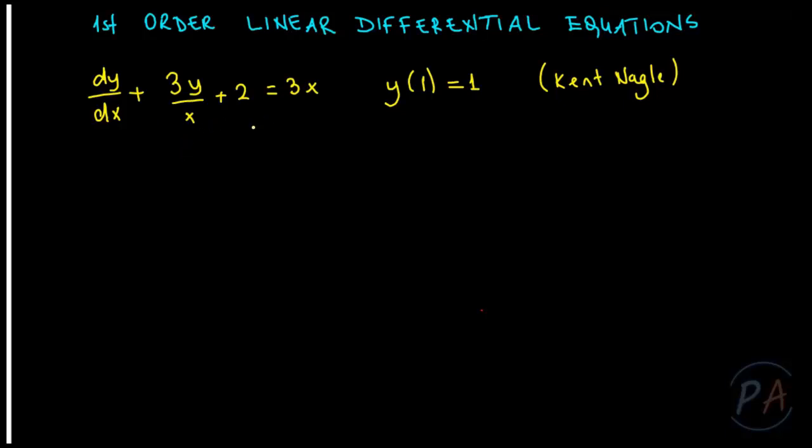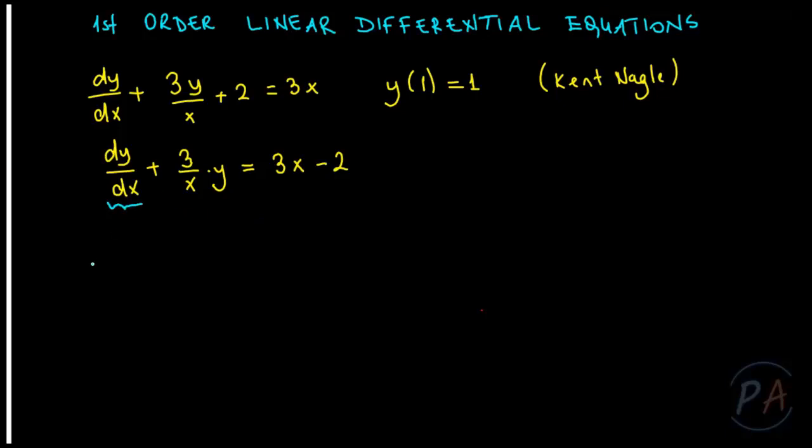When we collect the terms not containing the dependent variable on the right hand side of the equation, we find dy over dx plus 3 over x times y equals 3x minus 2.